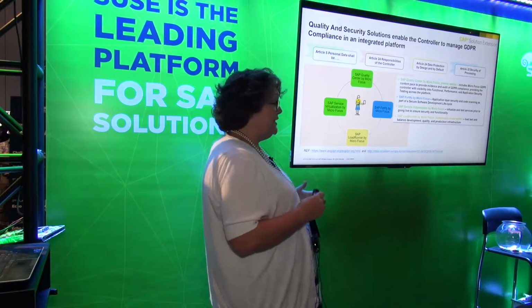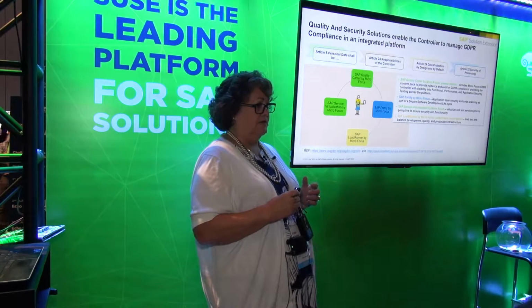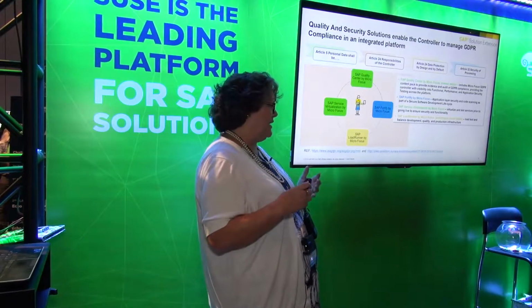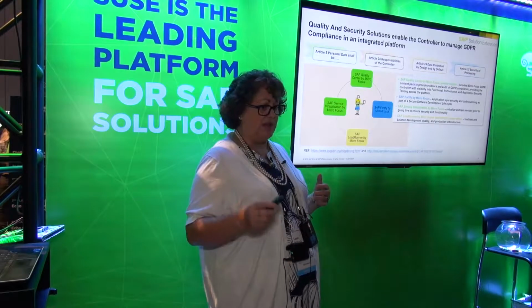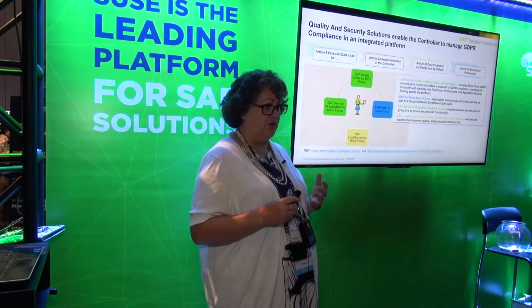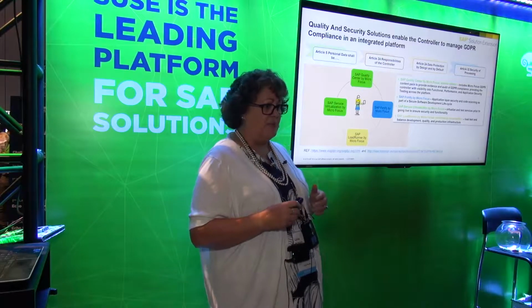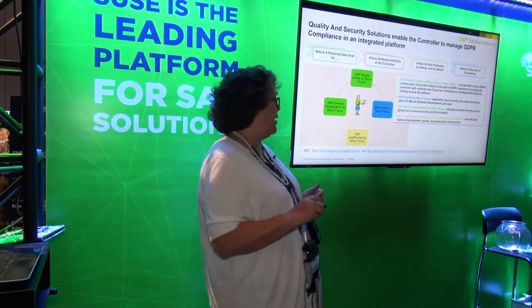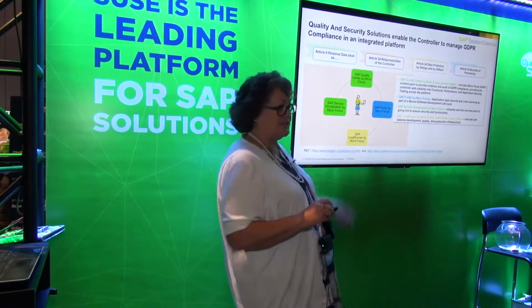During unit testing, we need to be checking. During our integration testing, we need to be checking. So we need to have a way to be able to virtualize services and be able to test and look for security vulnerabilities and reduce those and make sure that the controller has that information so that they can meet the requirements. And then the last one, of course, is Loadrunner.